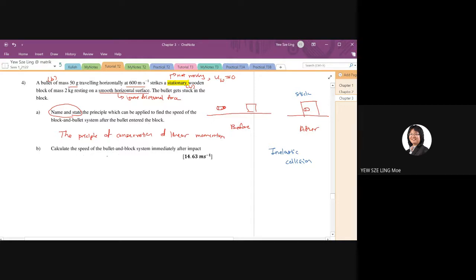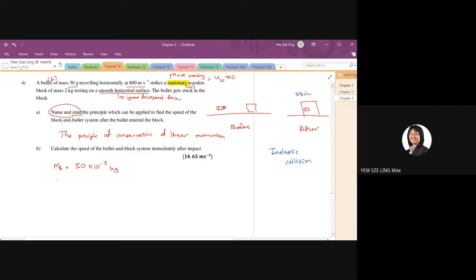Calculate the speed of the bullet and block system immediately after impact. So it's asking for the final velocity. What do we have? We have a bullet, M bullet, which is 50 gram. But now I want to change it into kg because the wooden block is in kg. So 50 times 10 to the power of negative 3 kg.